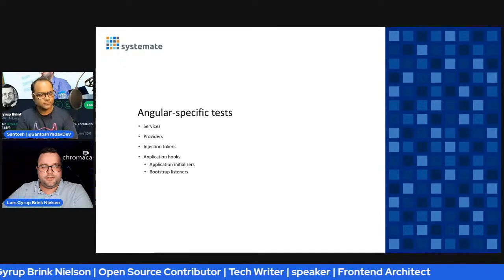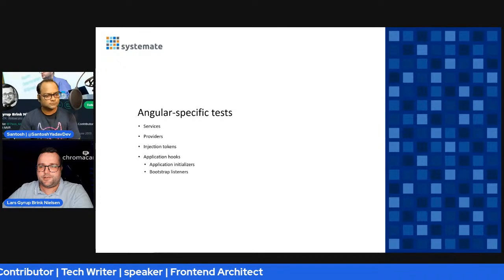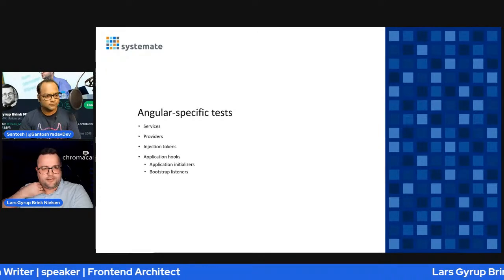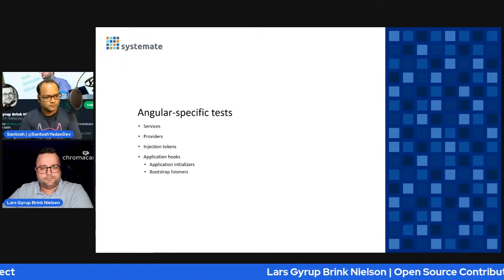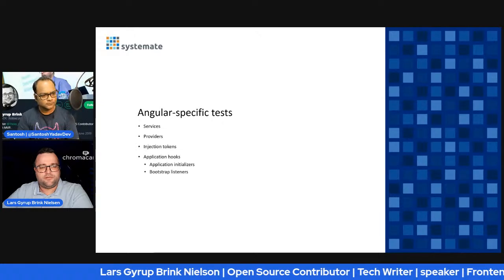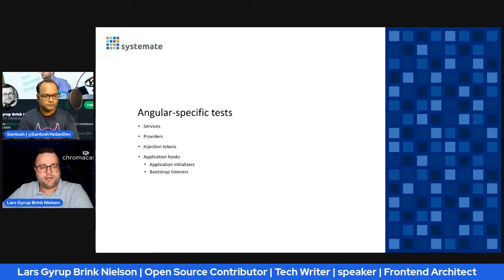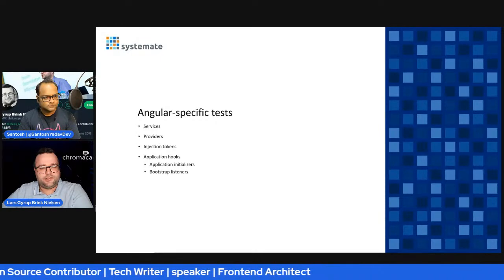Well, you need to learn how to test services because Angular uses dependency injection. So for that, you should use the test bed that we'll explore later. But you should also use that for testing providers. That's another part of the dependency injection system in Angular. And the same with the injection tokens.